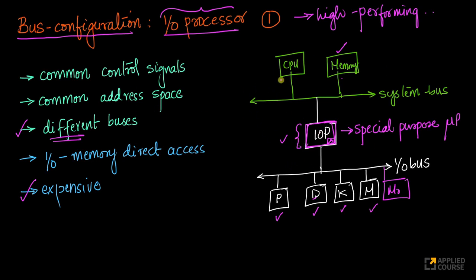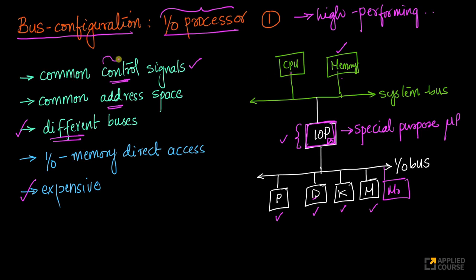Look at this. From my CPU, whatever control signals come... See, my system bus consists of three types of wires, right? Control signals, address signals, and data signals. Now the way it works is this. My CPU is connected to both my IO processor and memory. All my IO devices are connected to this, right?